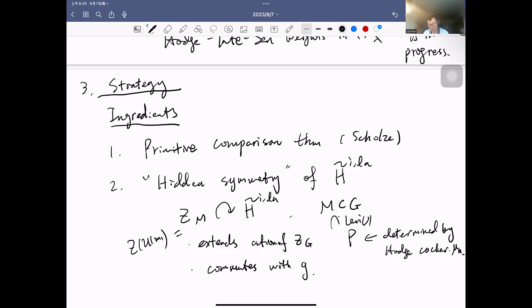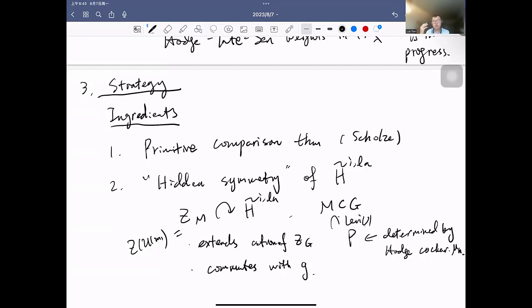In the case of the modular curve, one way to think about why you should believe there's such an extended action is that on this completed cohomology, if you remember, after base change to C_p, you have a Galois action and you have the Sen operator.